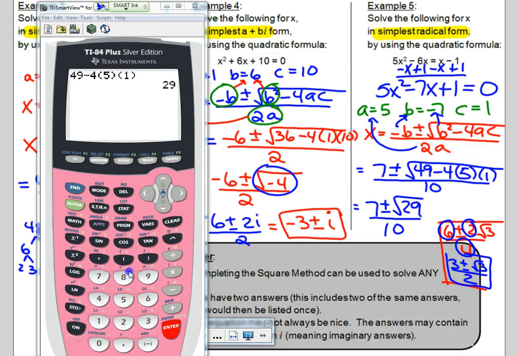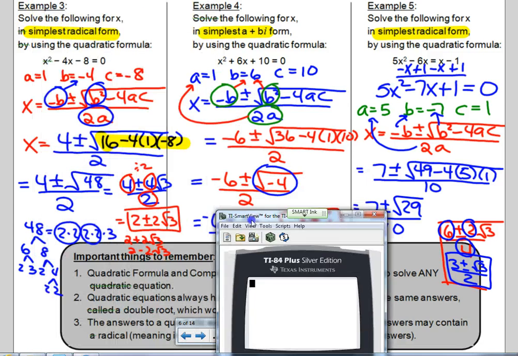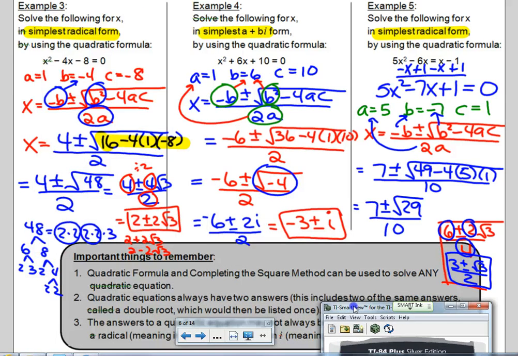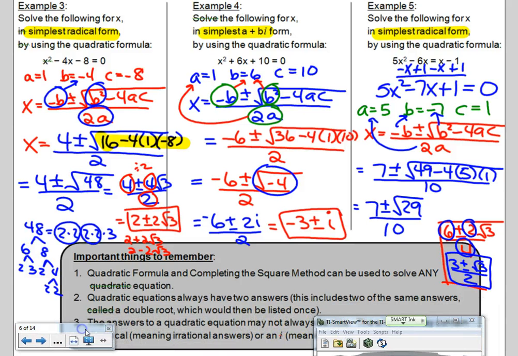So that is possible that you can get answers that look like that. I'm sorry, in our notes we did not do one. But after you simplify the radical, you see if you can reduce, if you can. Okay, and then you can use any method you want unless the test or the directions indicate a certain method. Otherwise, you can use factoring, completing the square, or quadratic formula.